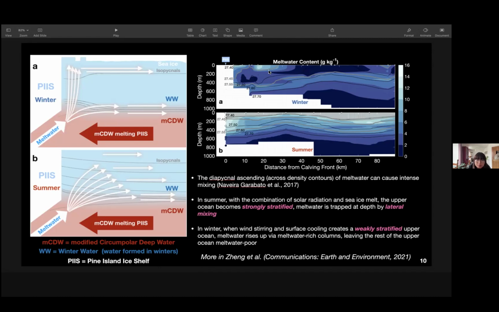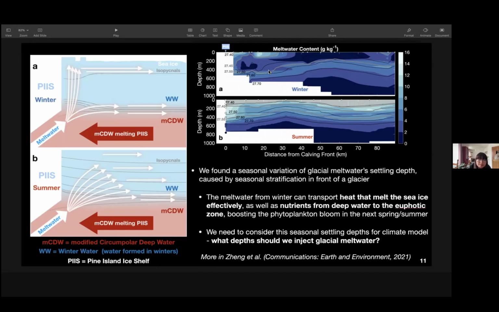So why is it important? Here is a small summary of what we found. We found a seasonal variation of glacial meltwater's settling depth, and we attribute it to the seasonal stratification of the ocean in front of the ice shelf.